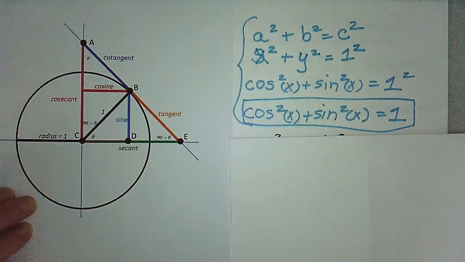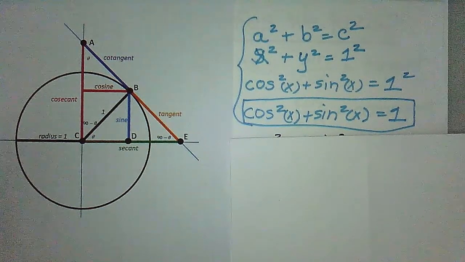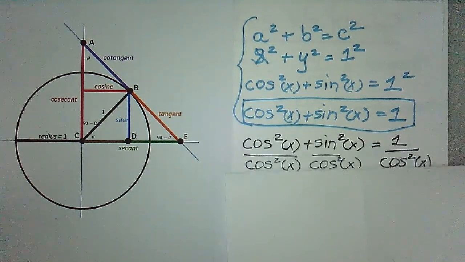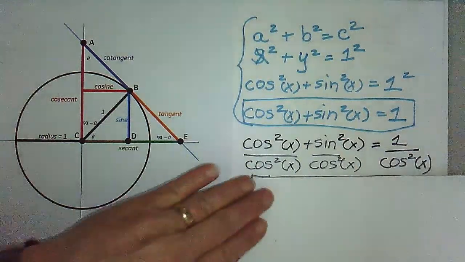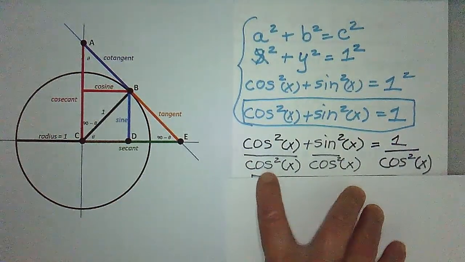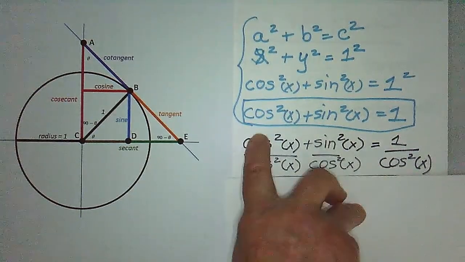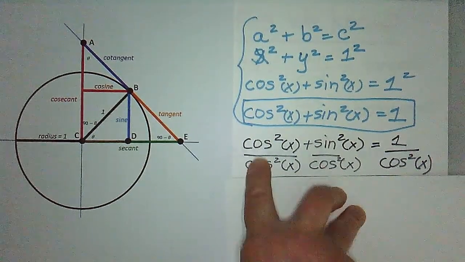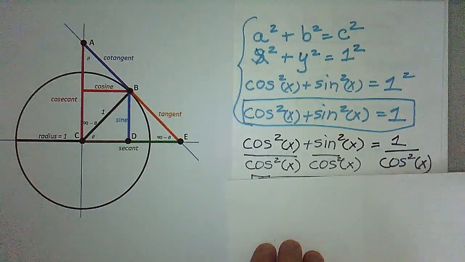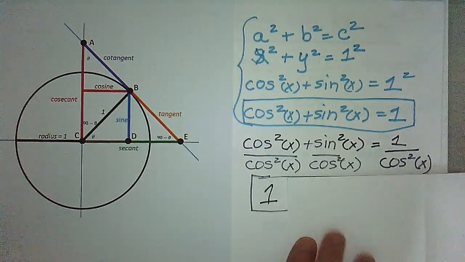There are a couple of things that we could do to algebraically manipulate this. One of them is we could divide everything through by cosine squared. Well, let's see what we have. What's cosine squared divided by cosine squared? It's 1.